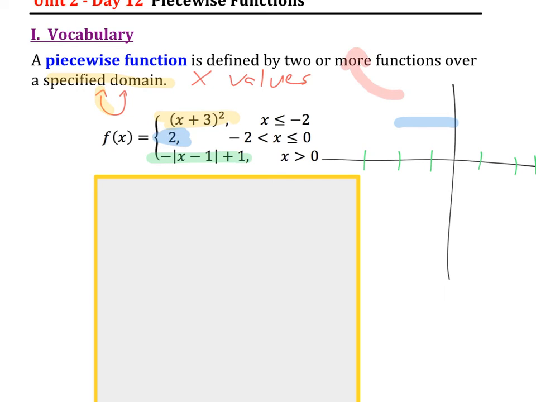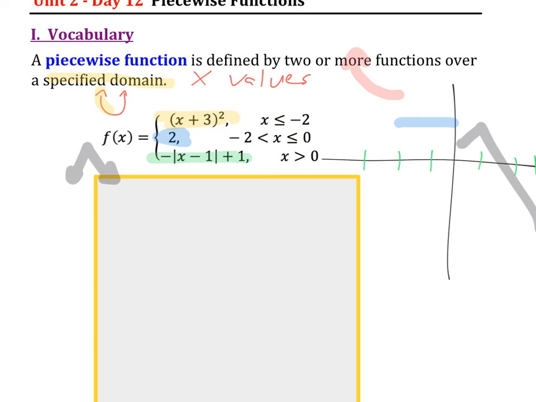And that's an absolute value function with a negative, so it's going to look like an upside down V. But again, we're only going to be focused on this portion here because we only really care about the x values bigger than 0. So if I were to guess what that might look like, and again, this is just ballparking stuff here, I might say something like that, but I don't know.